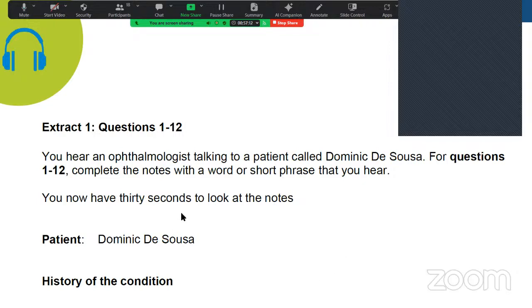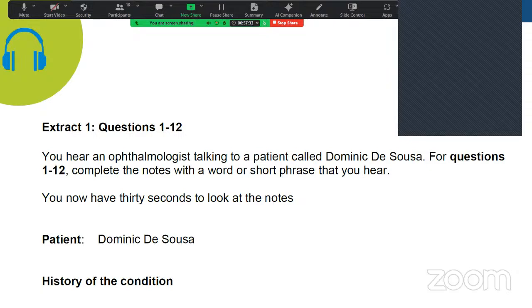You now have 30 seconds to look at the notes. 30 seconds. Do you know what this time is called? 30 seconds before the audio. So there are 3 phases.